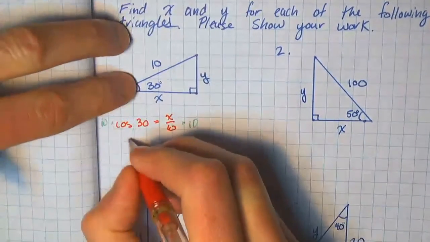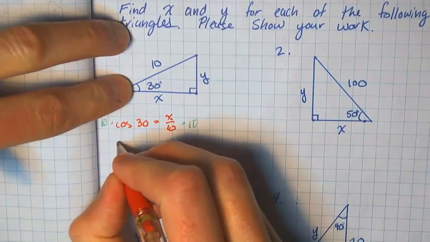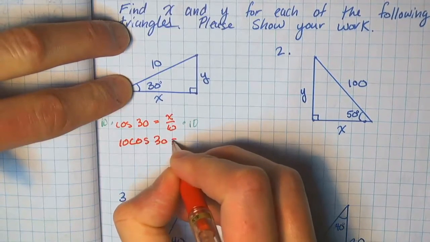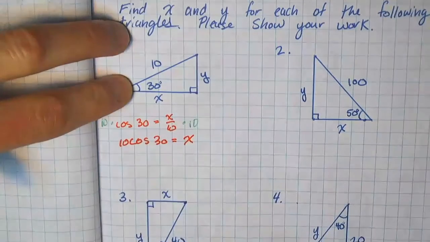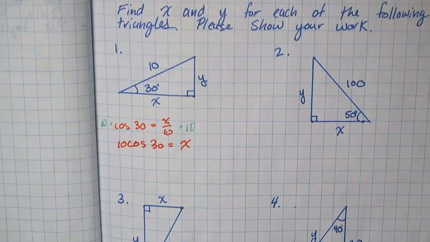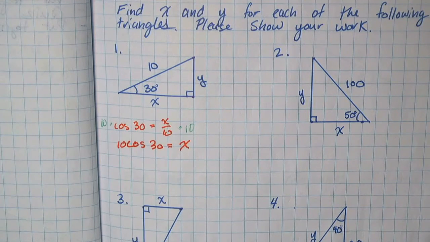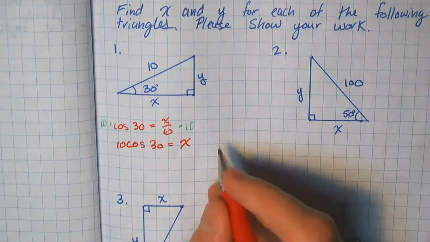So that's going to give you 10 cosine 30 is equal to x. Put that into your calculator. 10 times cosine of 30, you get 8.7.